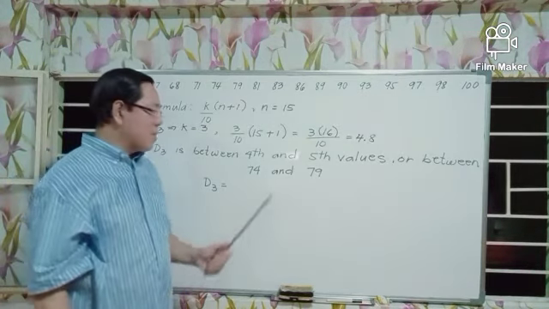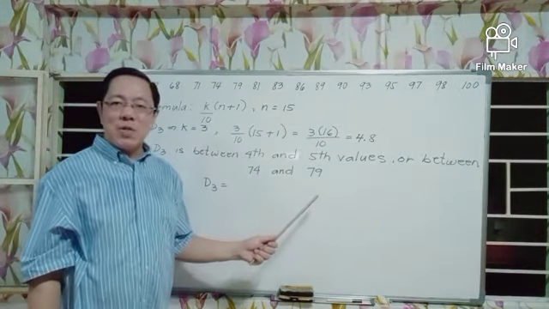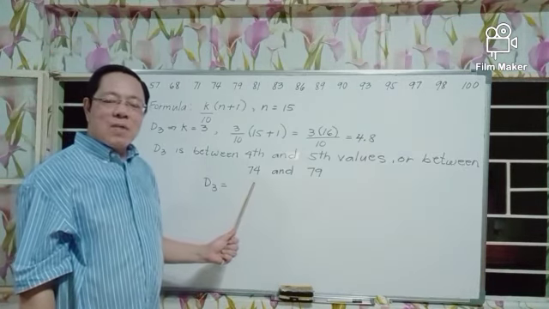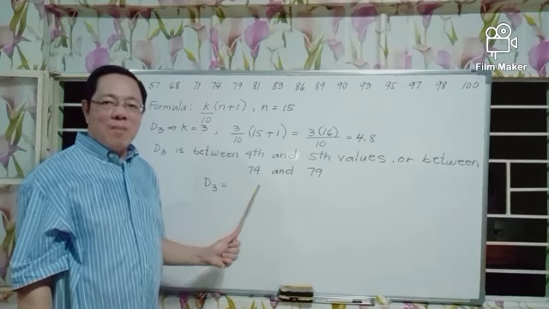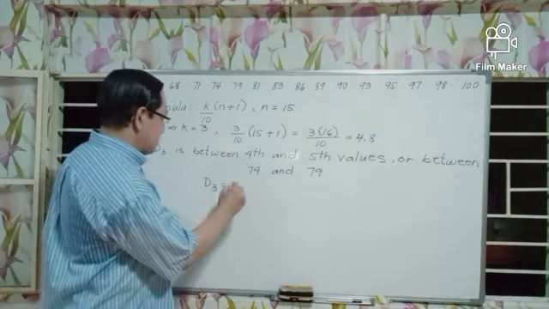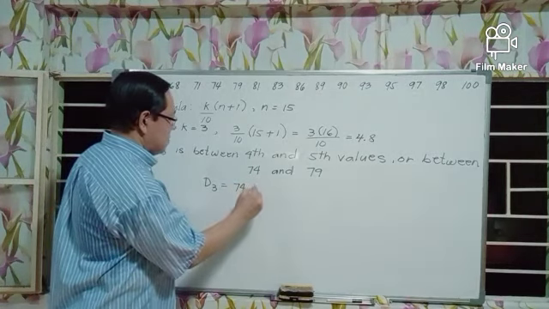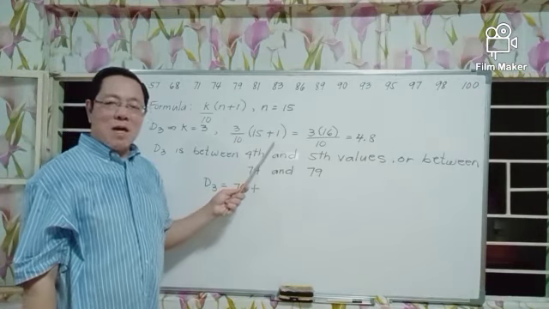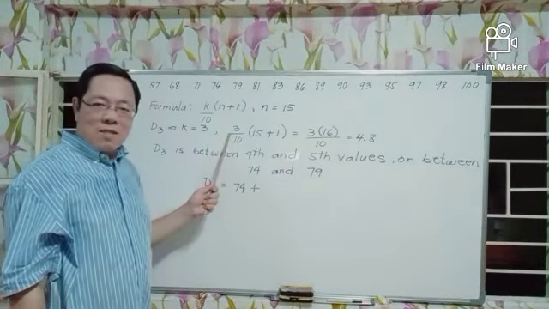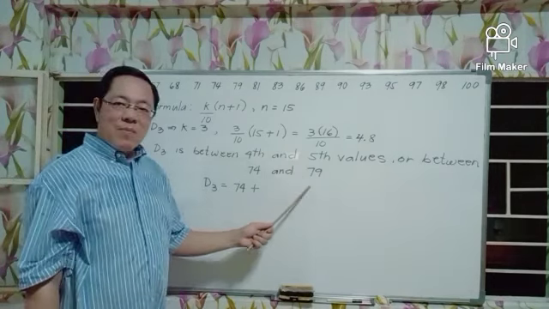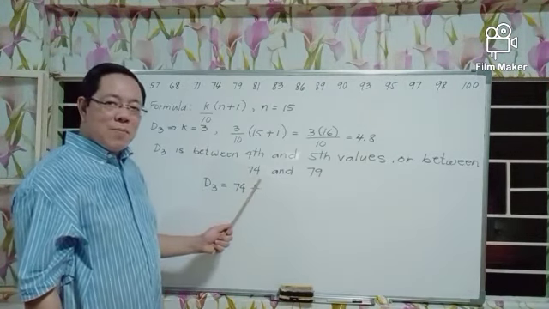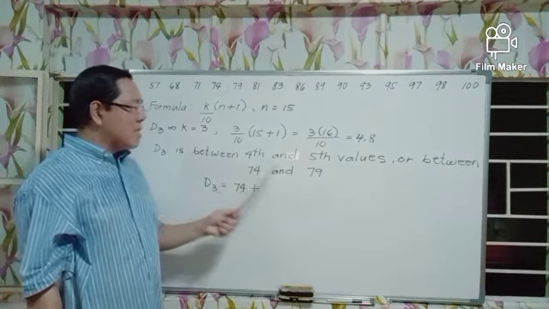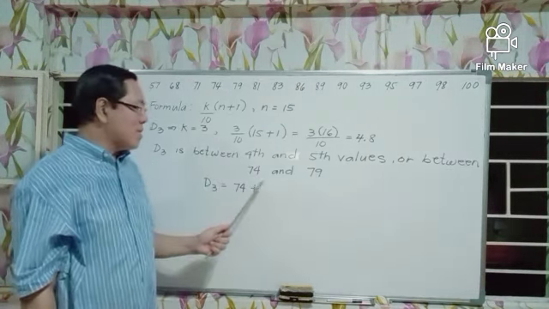Because the third decile is between 74 and 79, we are sure that the third decile is greater than 74. So to 74, we will simply add some numerical value. And this computation shows us that the third decile is 3/10 of the distance between 79 and 74.